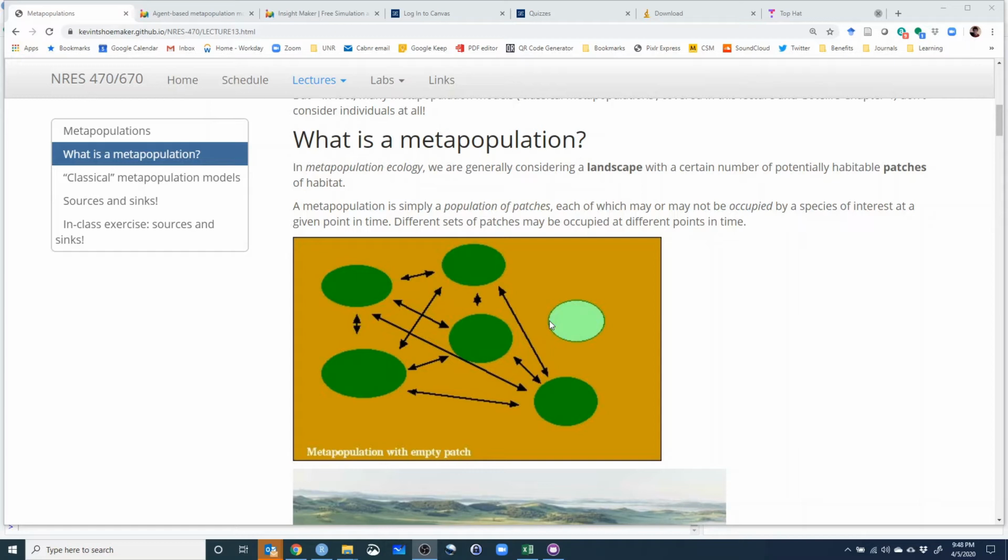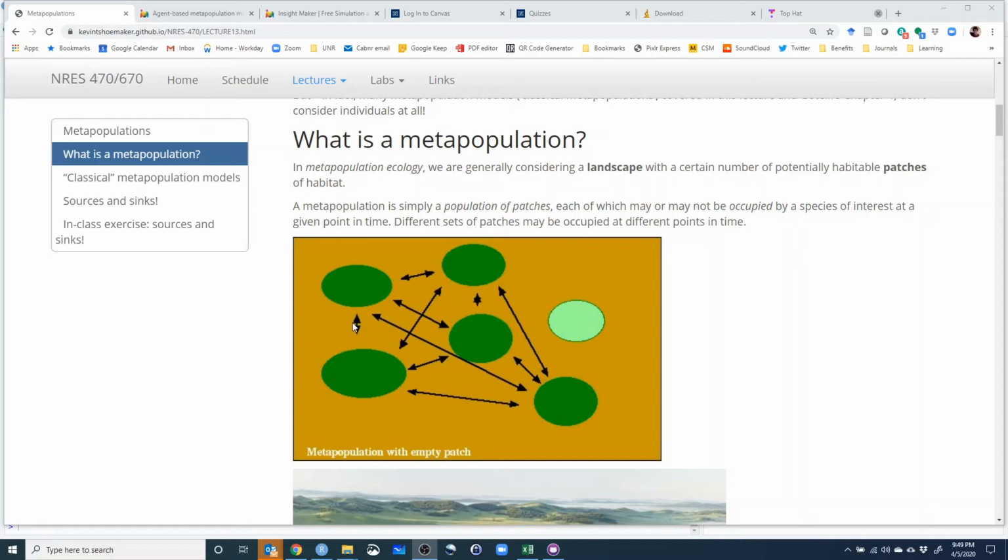And so this is our metapopulation, just a bunch of patches in the landscape. Obviously, the patches are connected by some level of immigration and emigration between these patches. And there's a possibility that this empty patch could be colonized by some individual migrating from another patch.